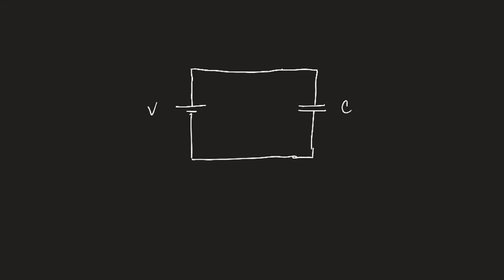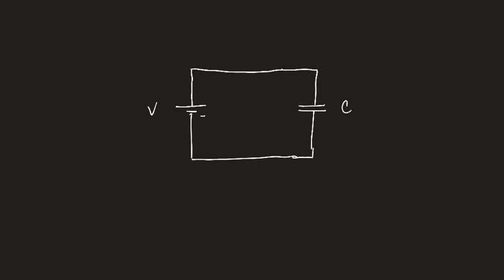Even with the circuit element closed, this is still considered an open circuit. It's open because there is a gap from this side of the plate to this side of the plate. No charged particle can go across that gap. However, that doesn't mean that current doesn't flow in this circuit.